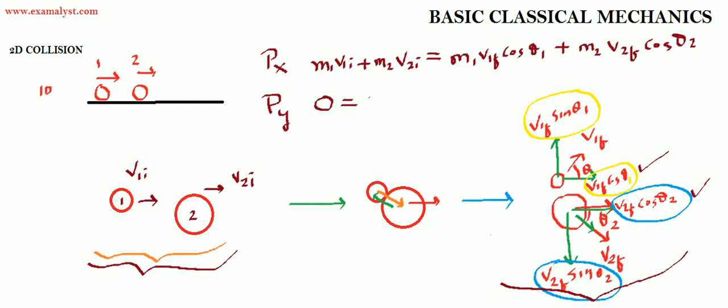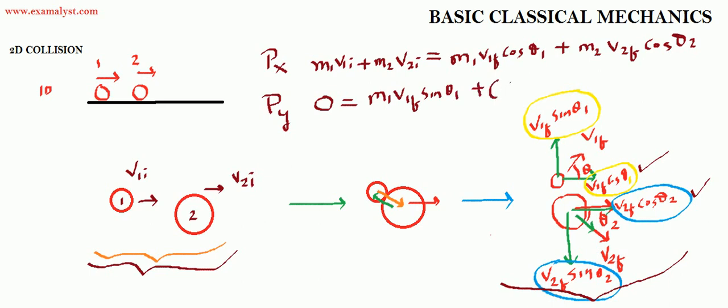So ball 1 has a momentum along the y direction of m1 v1f sin theta 1. Agreed? Plus, what is the momentum of ball 2?